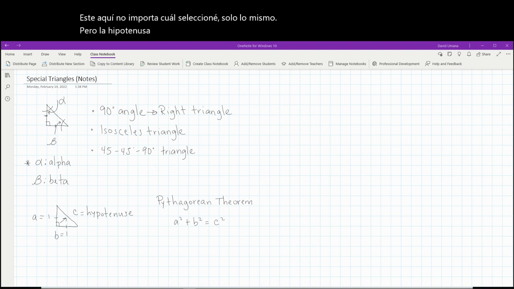And the hypotenuse for right now is basically unknown. Since a is 1, I just replace it. 1 squared plus 1 squared is equal to c squared. This then turns into 1 plus 1, which turns into 2 is the same as c squared.